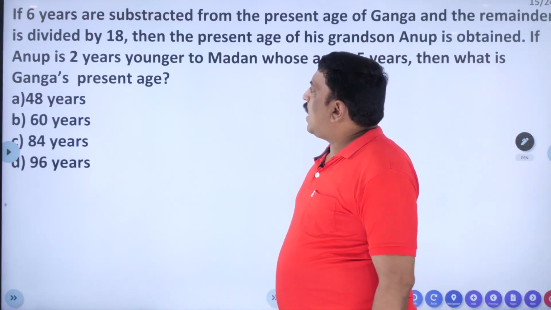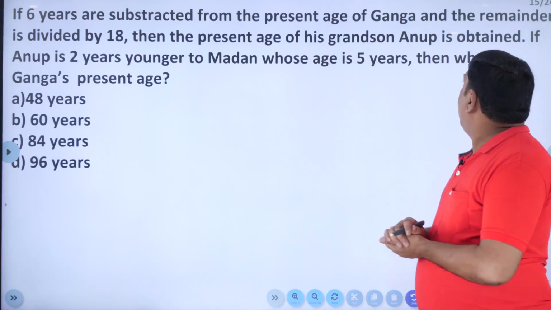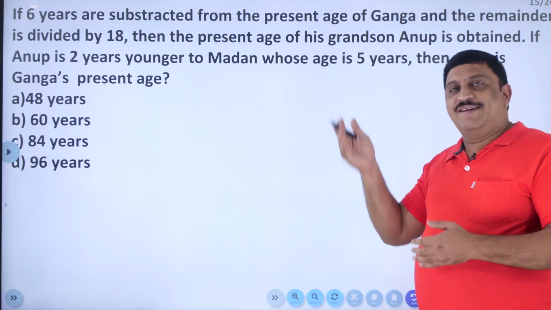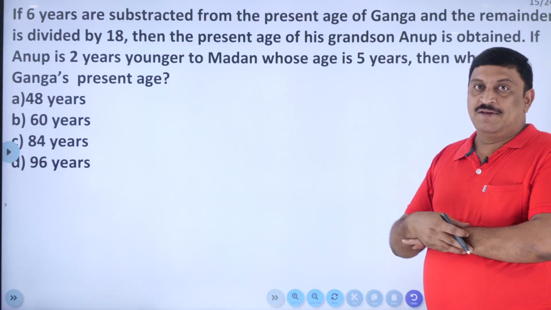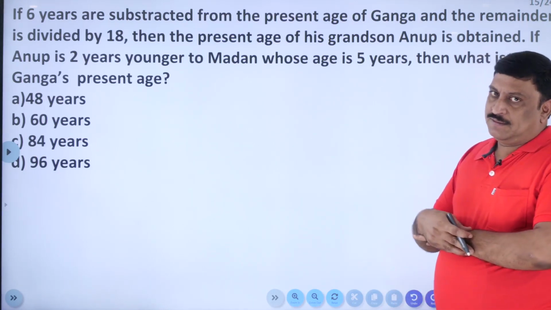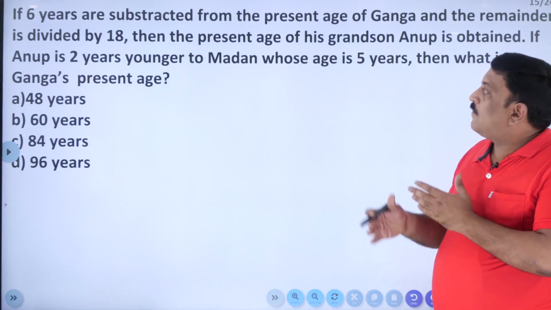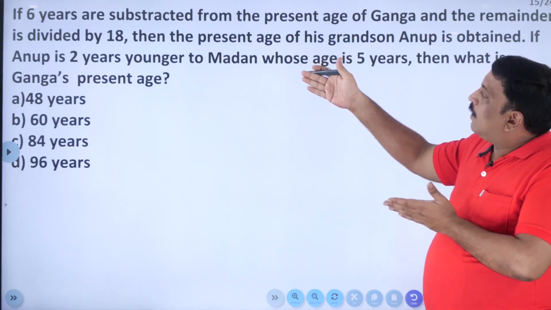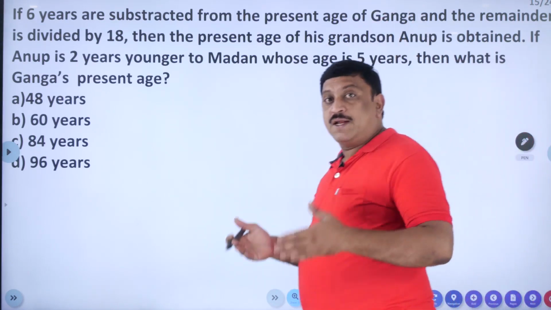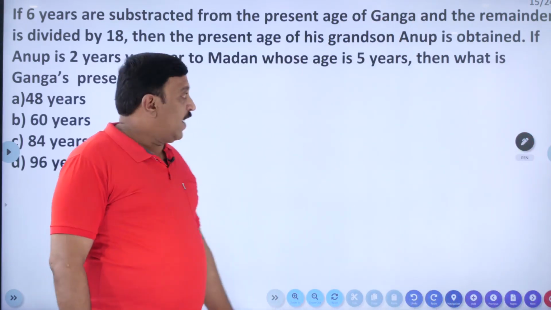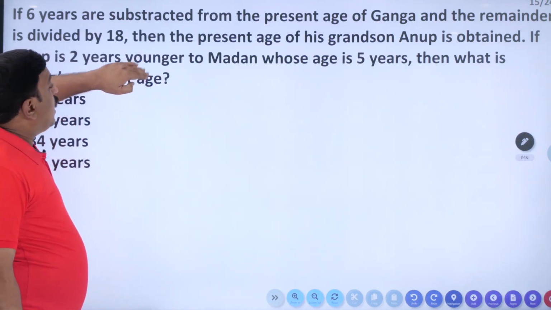If 6 years are subtracted from the present age of Ganga and the remainder is divided by 18, then the present age of his grandson Anup is obtained. Anup's age is obtained after subtracting 6 years from Ganga's age and dividing the remainder by 18. Fine.